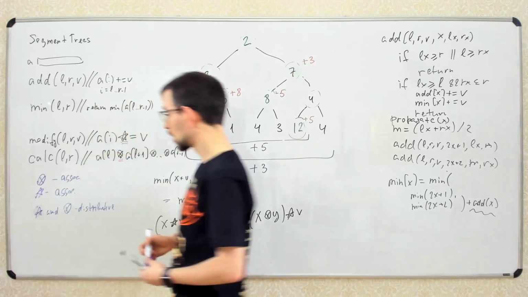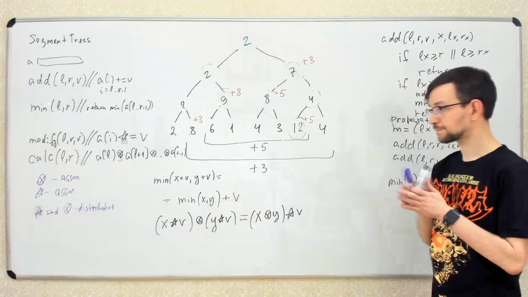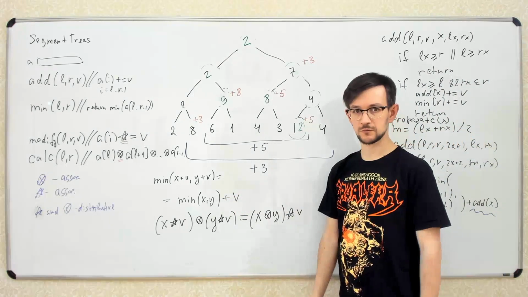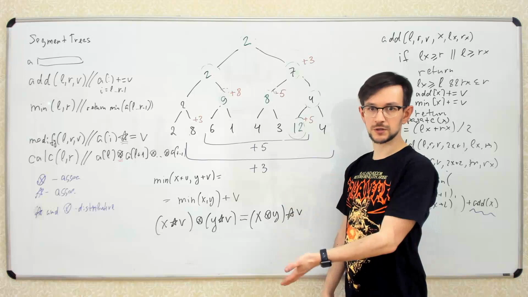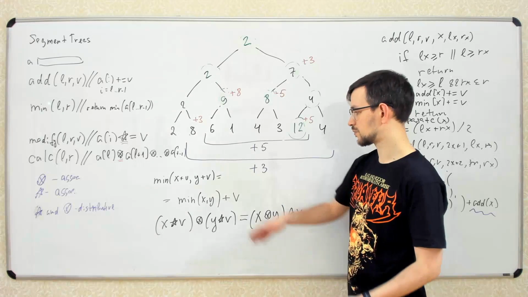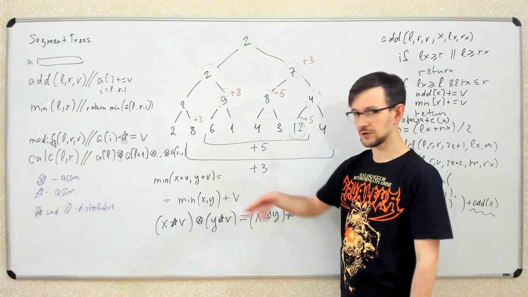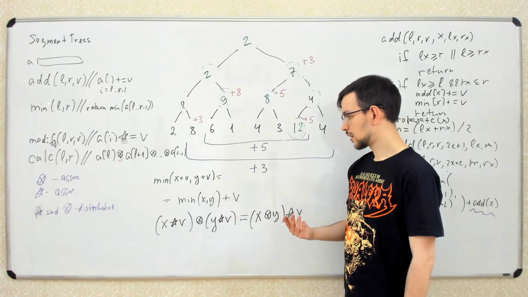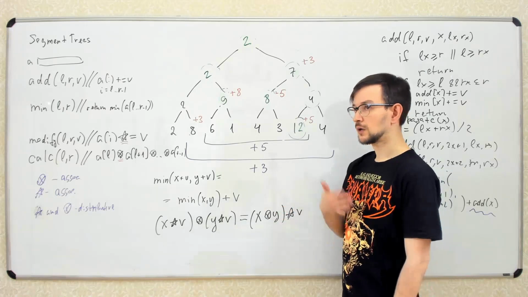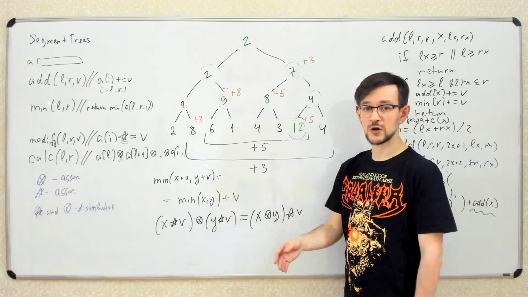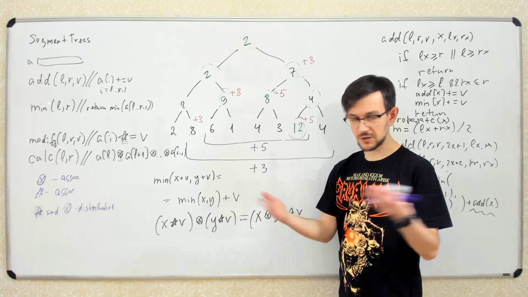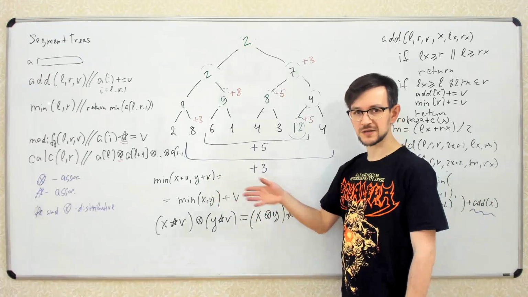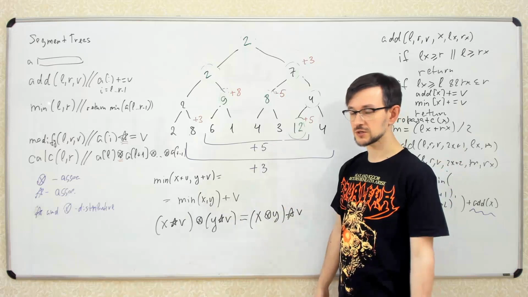For example, minimum and plus are distributive. Sum and product are distributive. If you have this plus operation and multiply operation, you have the same thing here. Some strange operations are also fine: minimum and minimum are distributive, maximum and maximum. You have bitwise OR and bitwise AND, perfect distributive operations, and so on.